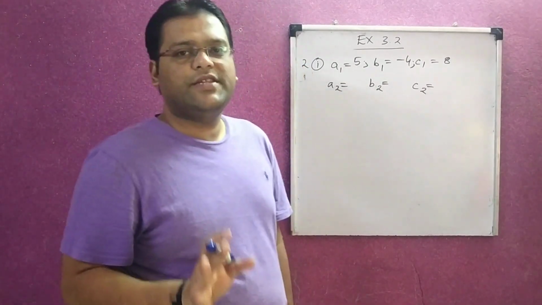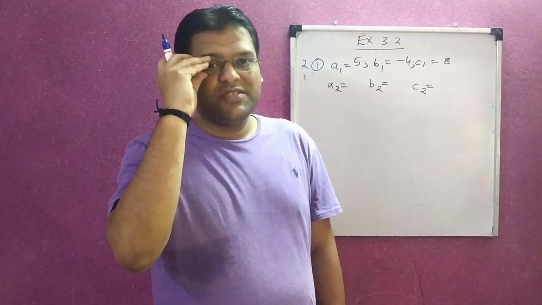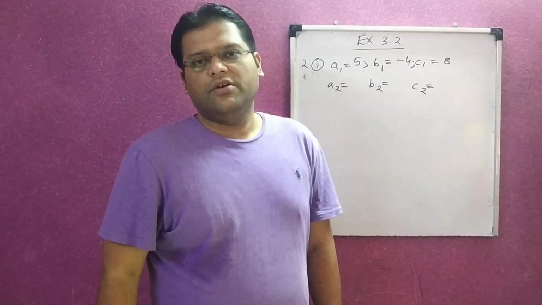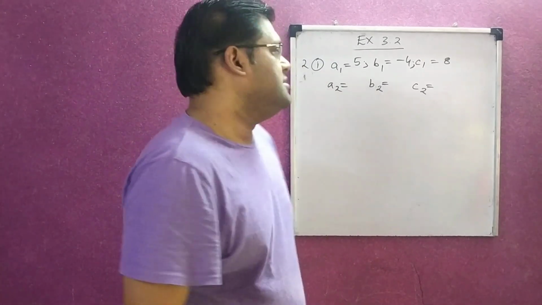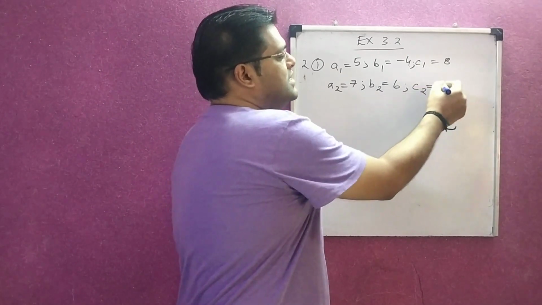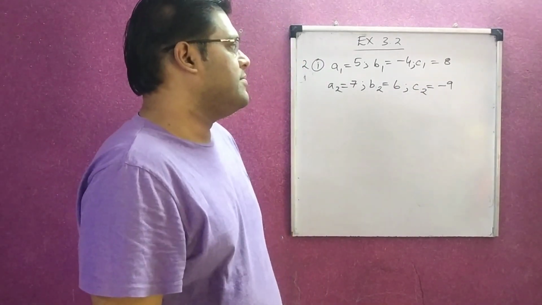Please make sure that your equations are in the standard form. That means on the right side it should be 0 and everything else should be on the left side. If I look at the second equation, values for A2 7, B2 6, C2 is going to become -9.